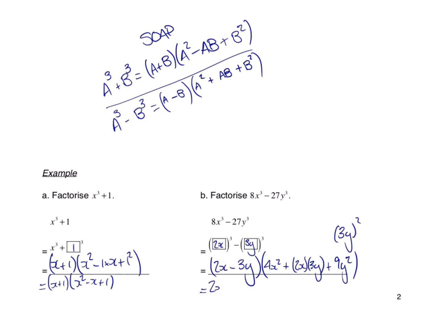And if we simplify that, that's 2x minus 3y multiplied by 4x squared plus, well, let's multiply out our coefficient. 2 times 3 is 6xy plus 9y squared. And that is this expanded and simplified.